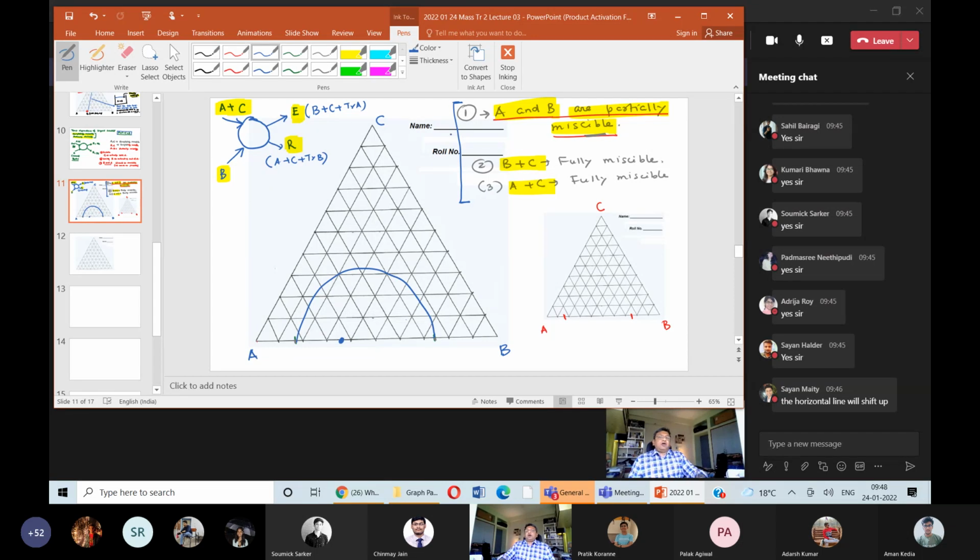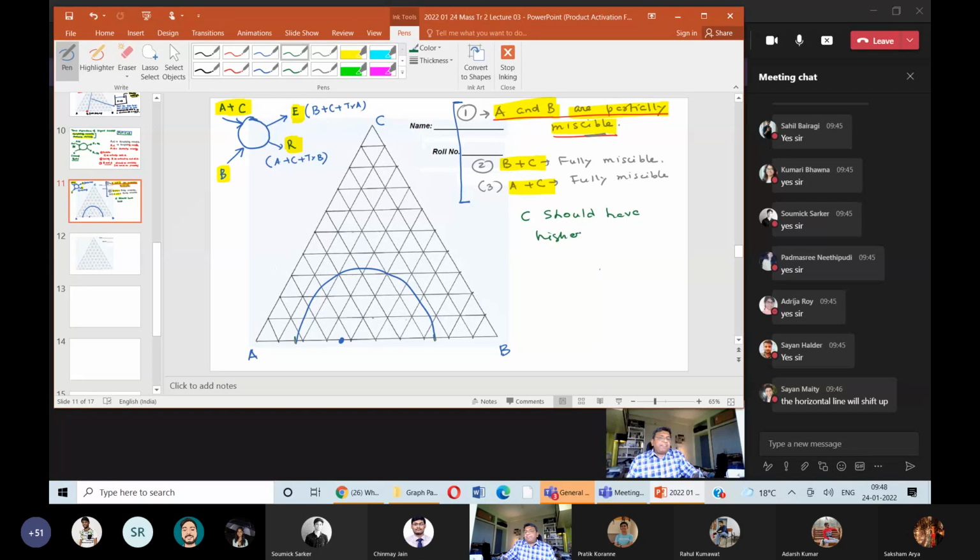Ideally, when we talked about the choice of solvent, one of the necessary criteria was that C should have, in simple terms, higher solubility in B than A. That is the whole logic of extraction, right?